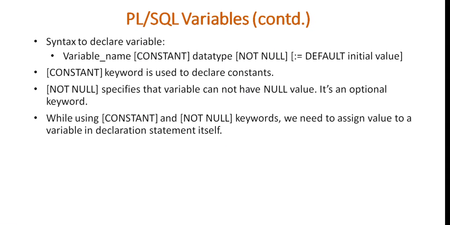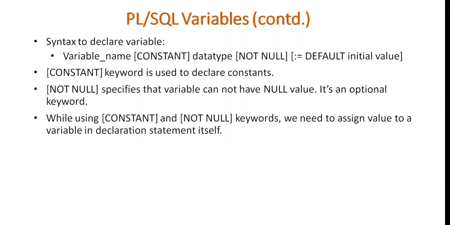Okay, and while using the constant or not null keyword, we need to assign a value to a variable in the declaration statement itself. See, when we declare a simple variable with a variable name and data type, there is no need to specify the initial value for that variable. We can assign any value to that variable in the program, throughout the program.